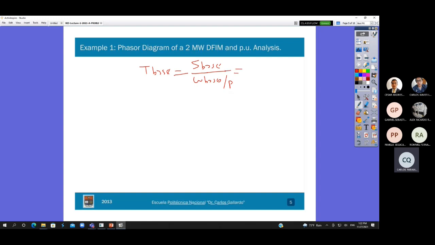So I will have 2.1 MVA over 2 times pi times 50, which is 314.16, over the number of poles over 2. So the base torque is equal to 13.3 Newton meter. This is the base torque.